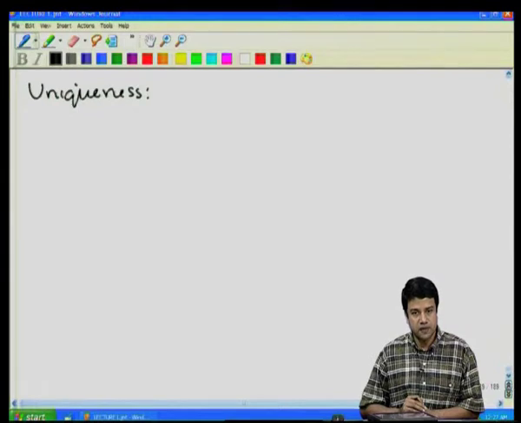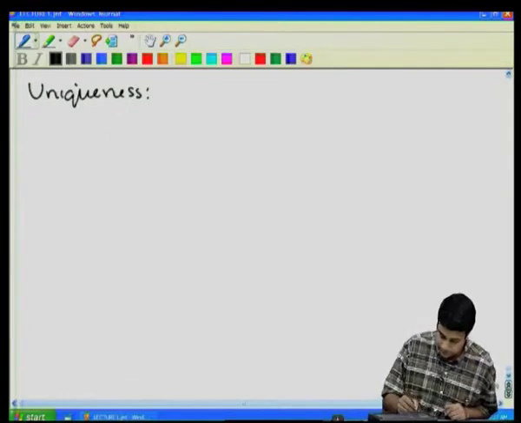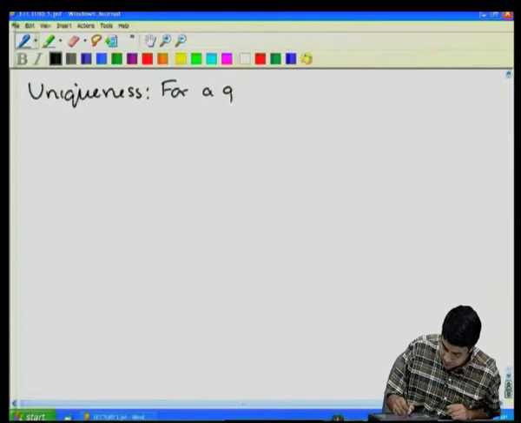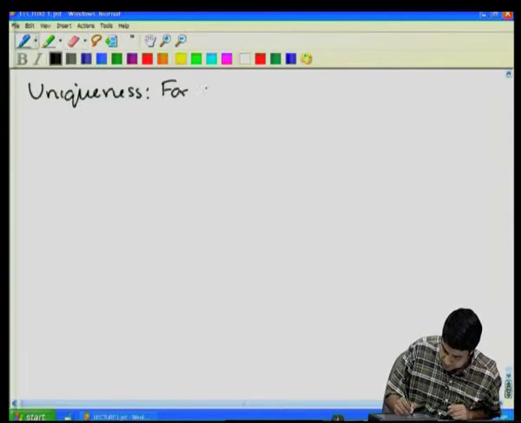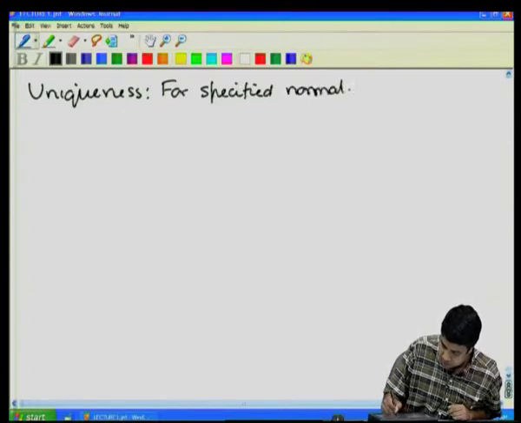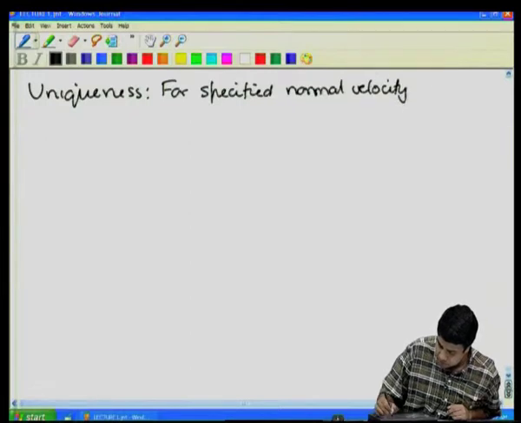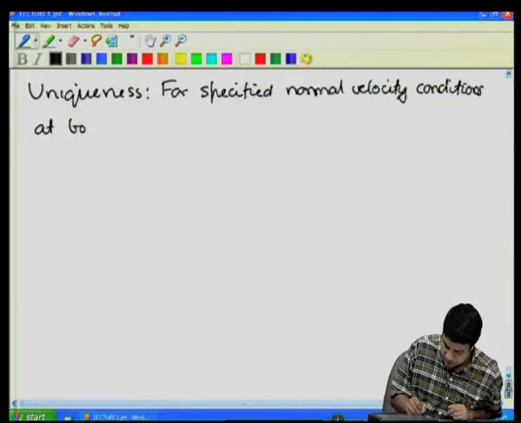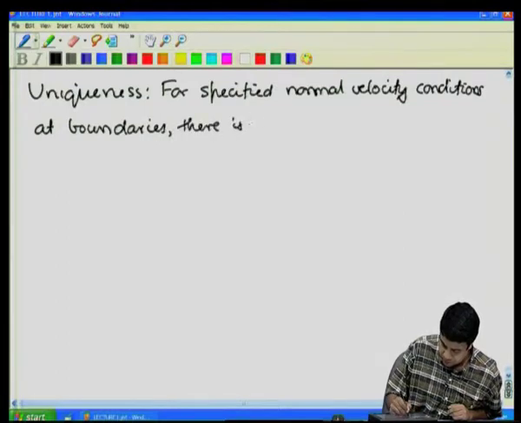Uniqueness implies that for a given set of normal velocities at the boundaries, there is only one potential flow solution.